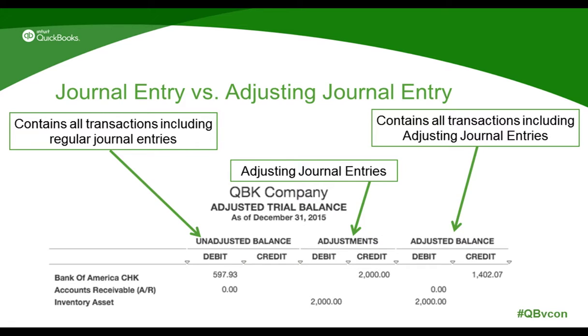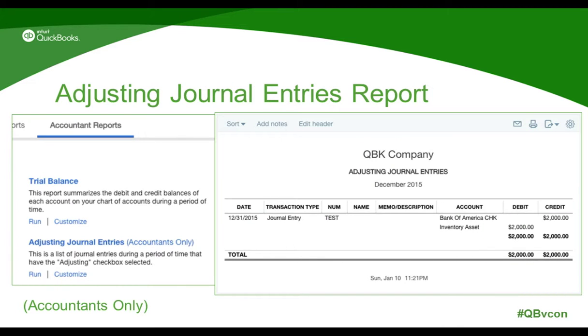And any journal entries that we make that are part of our adjusting or our accountant side correction are going to be under the adjustment section. And then at the end, the sum of the two, or the accumulation of the two, would be the adjusted trial balance, which is the last column, which is the column that we are going to finally use to prepare the tax return. So that's the importance of putting that little checkbox there.